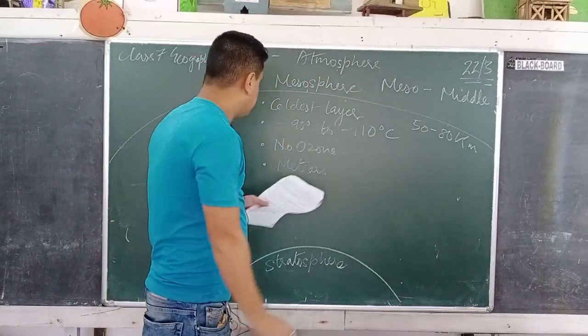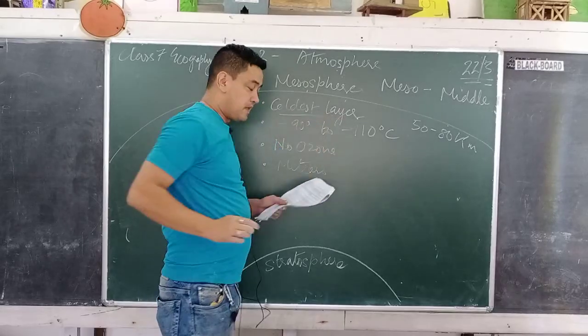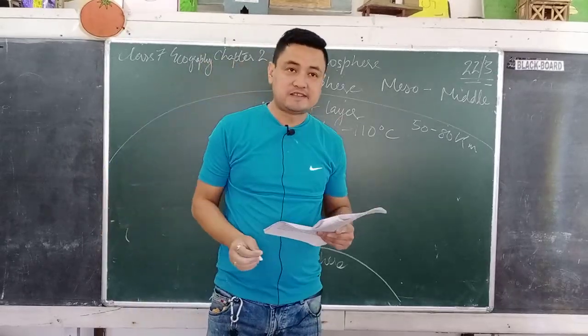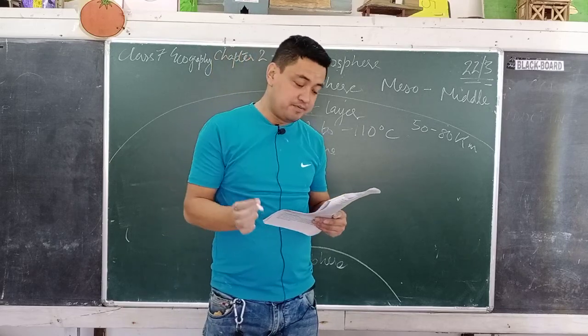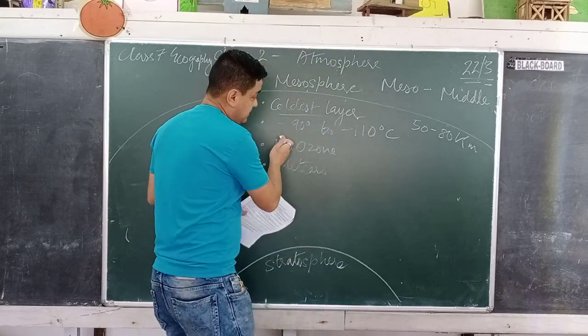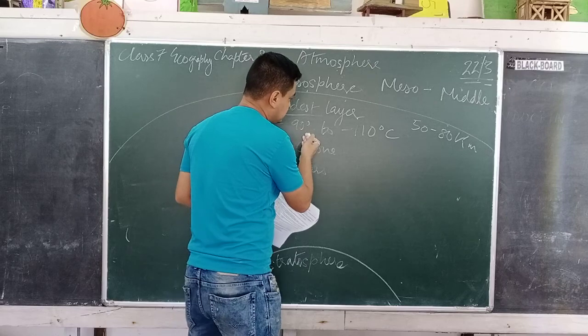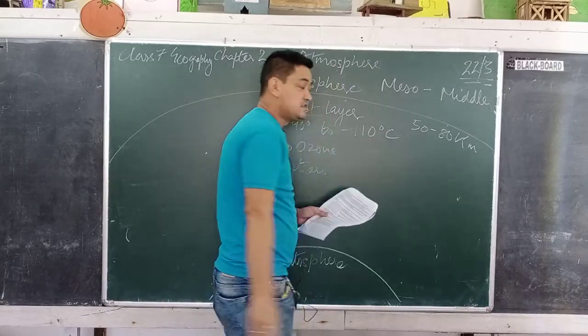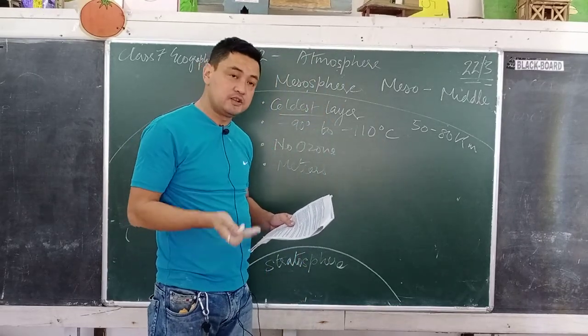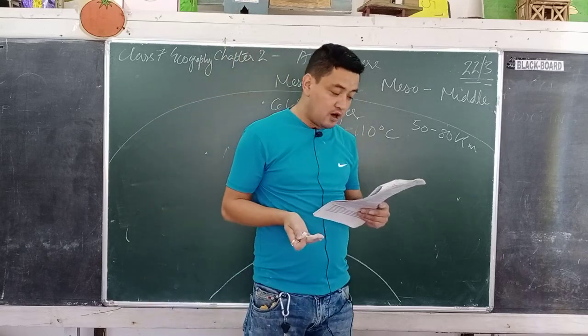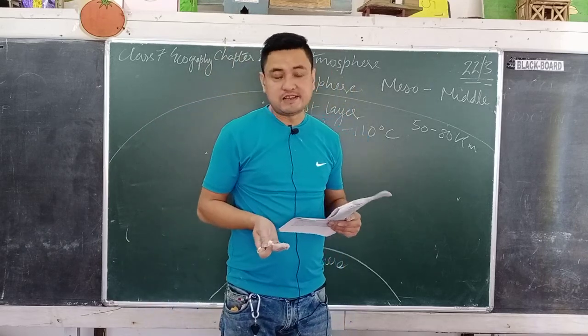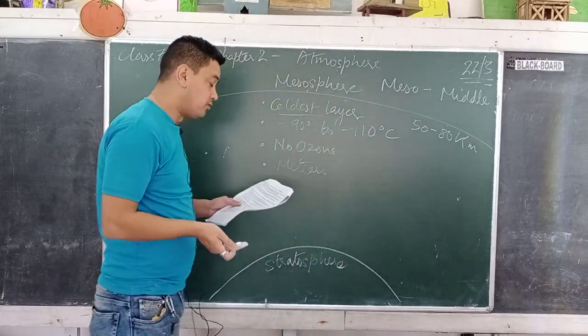The first point I've jotted on the blackboard is that this is the coldest atmospheric layer, with temperature dropping from minus 90 degrees Celsius to minus 110 degrees Celsius. So the temperature here basically decreases with height throughout this layer.